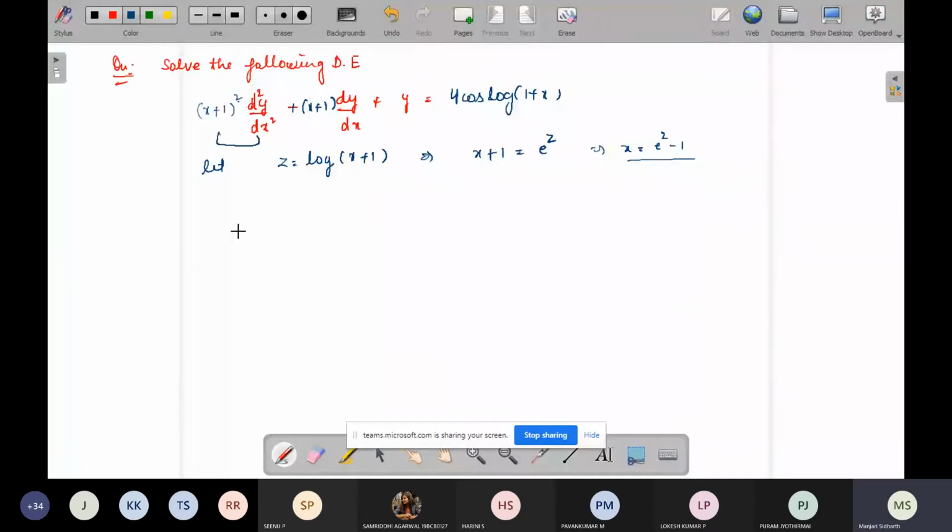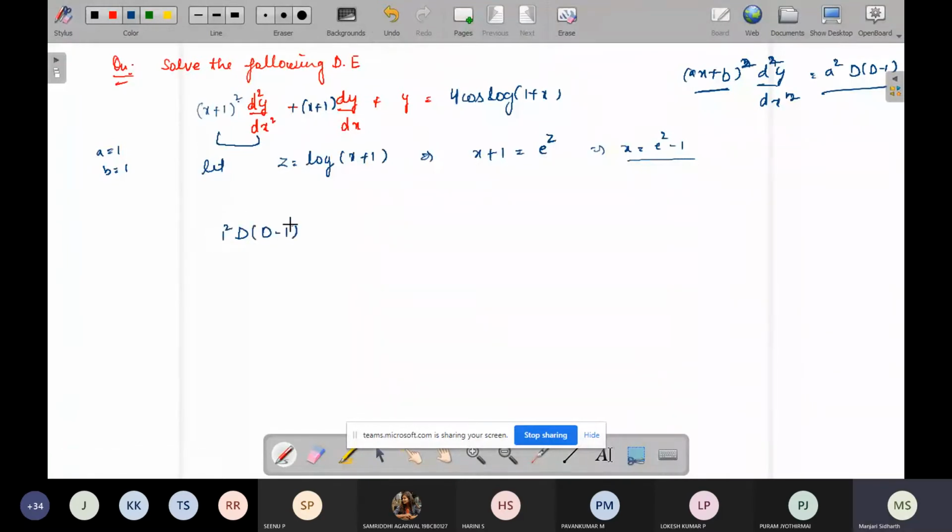Then see, a here is 1, b is equal to 1. Like if ax plus b is multiplied by the derivative, we replace this by, if it is a square, a square D into D minus 1. A is 1 here, so 1 square, right?